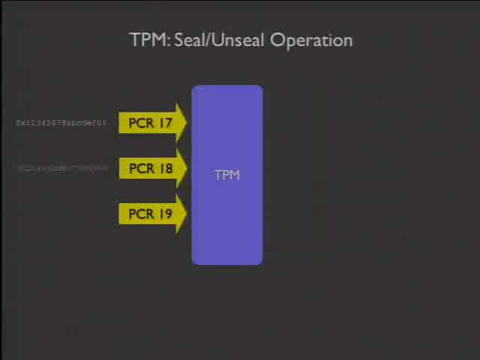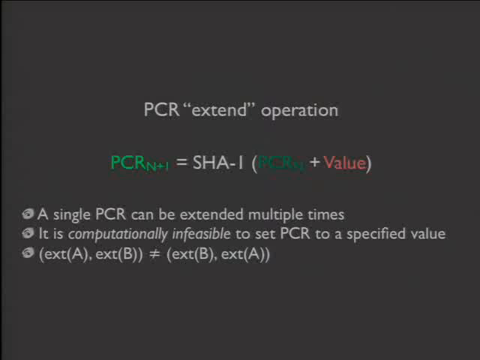We can send 1, 2, 3, 4 measurements to a PCR, and the PCR will still contain a hash. This hash will be unique to the sequence of values that have been stored in a particular PCR. And of course, it's computationally infeasible to set a PCR to some specific value that we would like to have.